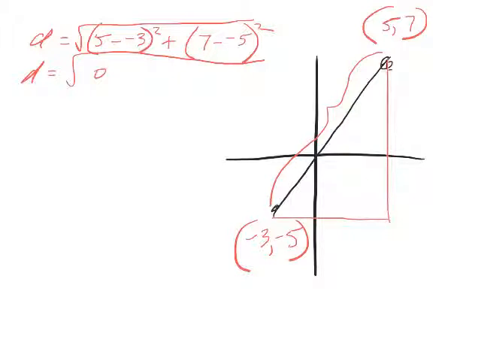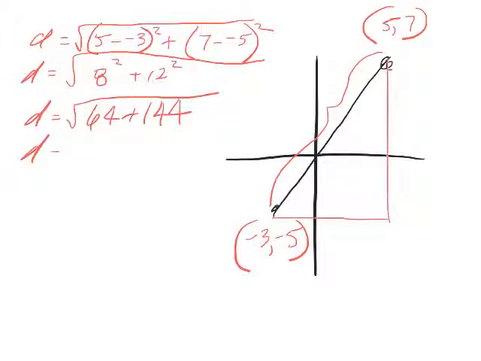So this is 8 squared plus 12 squared. So the distance equals the square root of 64 plus 144. So d equals the square root of 208. And then you can go ahead and reduce that.